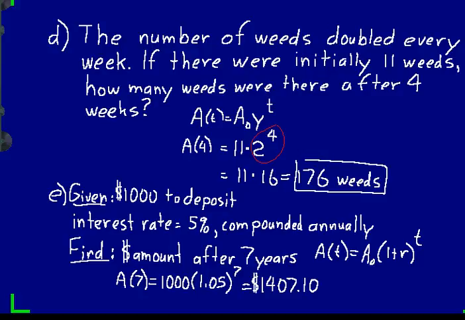Put a dollar sign out front. So that's our answer there, $1,407.10. So exponential functions can be used to study growth when populations are doubling or tripling over a certain amount of time, and also to study how money accumulates interest.